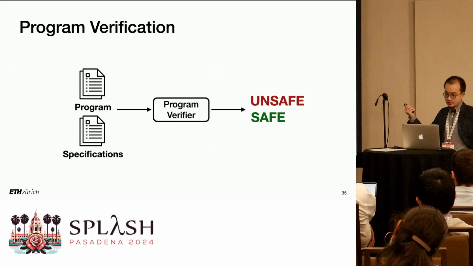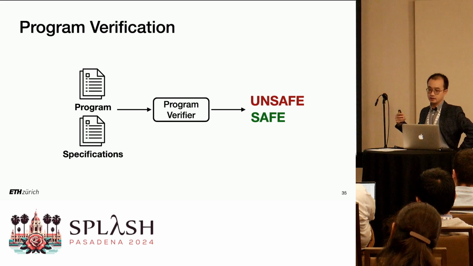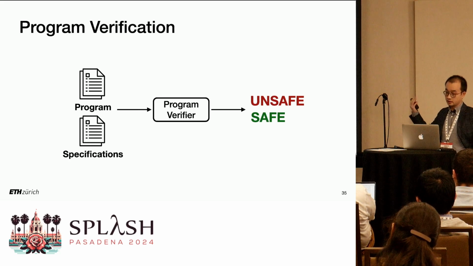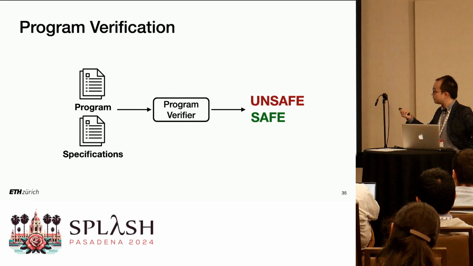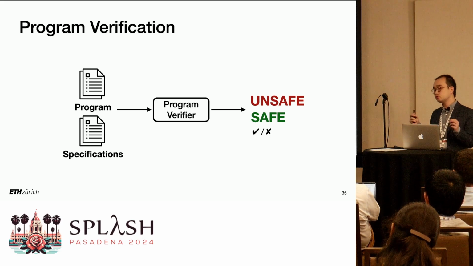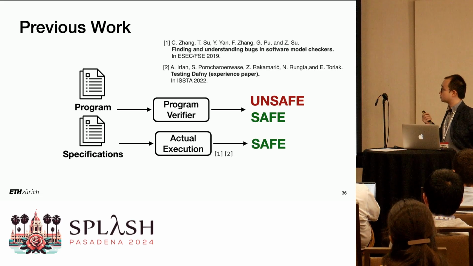Okay. So the program verifier is actually the tool to automatically give the safe and unsafe answer to this program regarding the specification. But once it gives the answer, we actually don't know whether it's indeed correct or not. We just assume that it's correct, but it may not be the case. So there are many previous works on doing this.